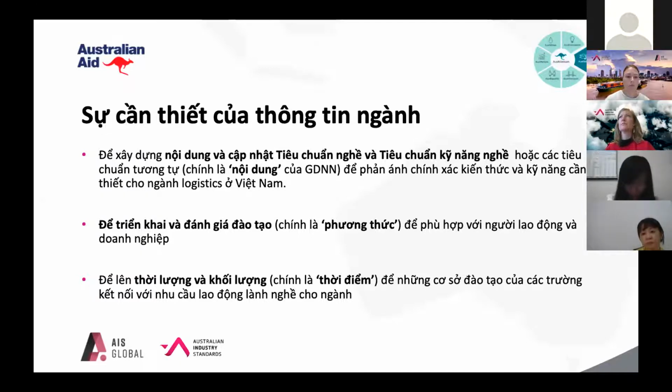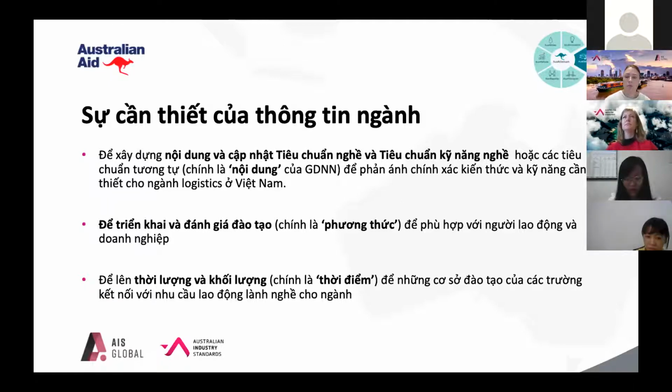So industry intelligence gives us the what, the occupational standards, but it also gives us the how. How do we respond to this? How do we develop a training response, a skills development response? We need industry intelligence to give us that direction.